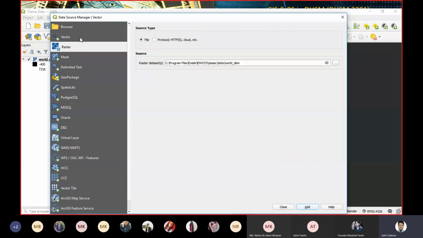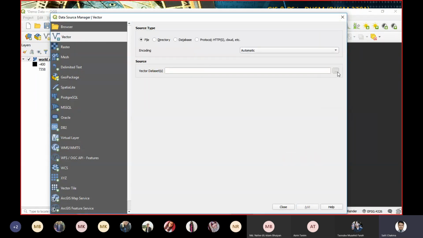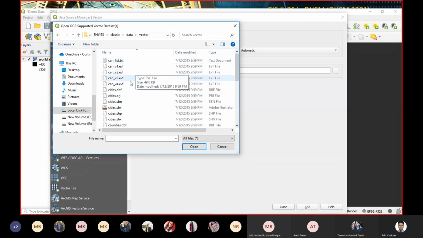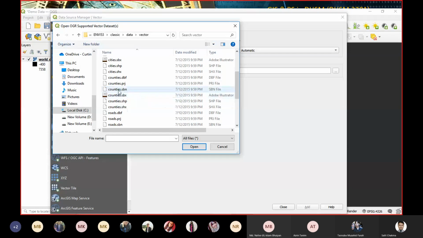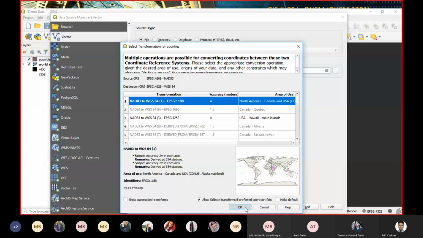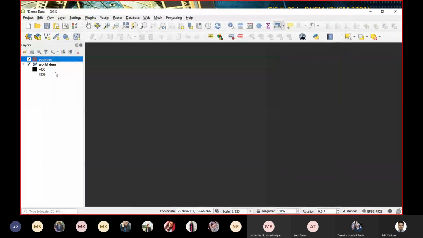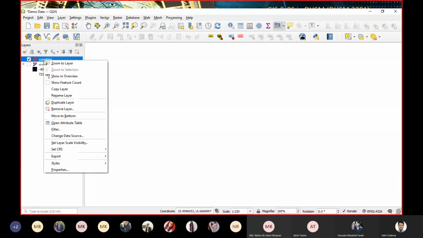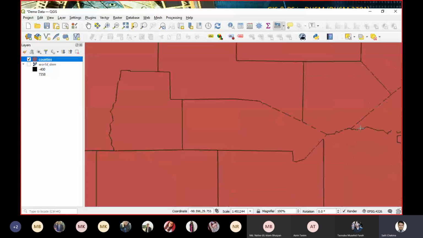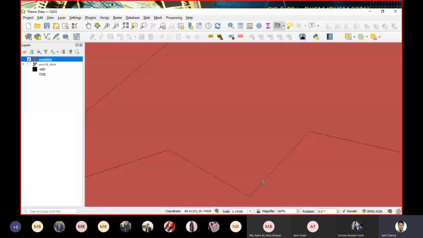Let me quickly try to add one vector layer. So we have the map of US right in here. If we zoom in, then we can see all this very much possible detail.